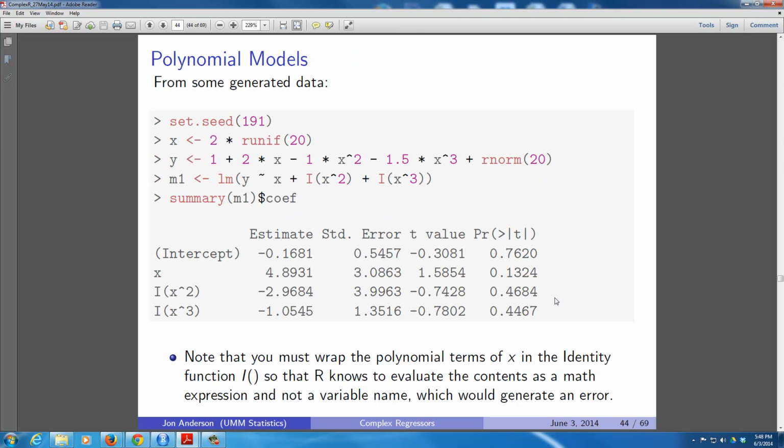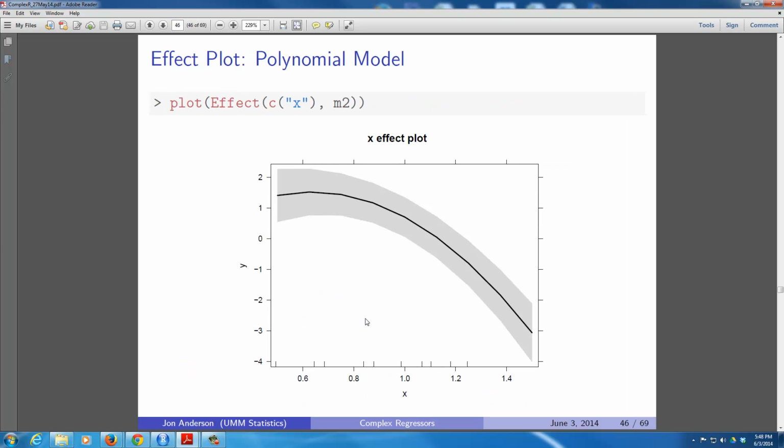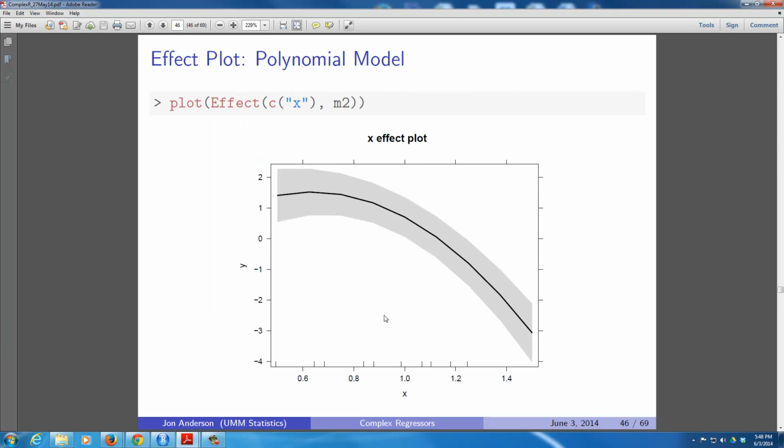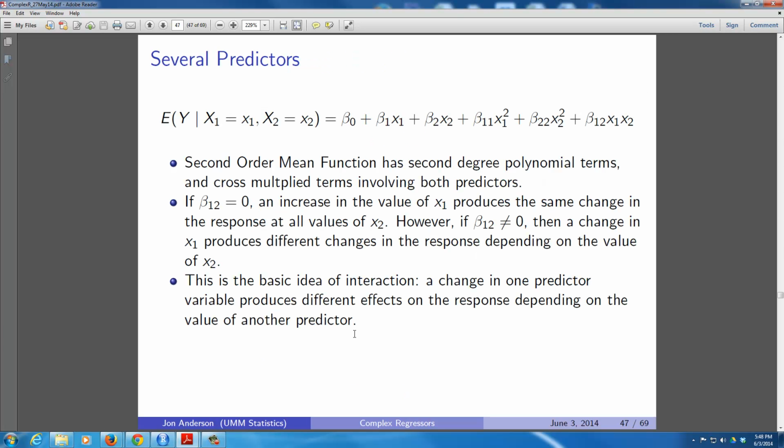If you use the identity function, you'd get a separate effects plot for x and x squared and x cubed, and that's really hard to interpret. This is really a one variable to one variable relationship, and so the poly function lets you get an effect plot that you can understand.